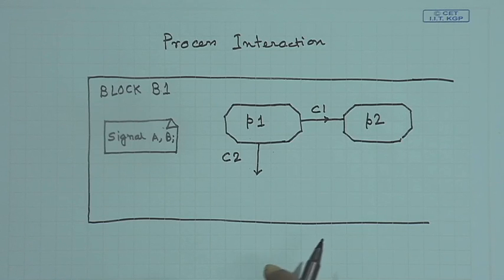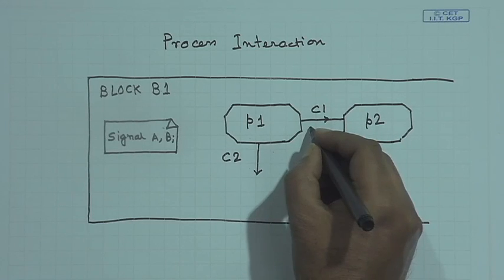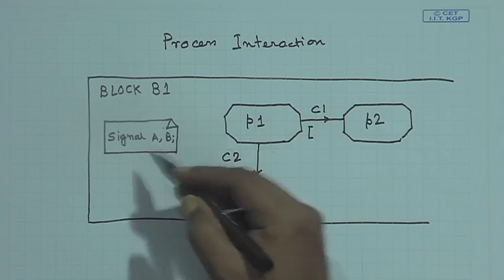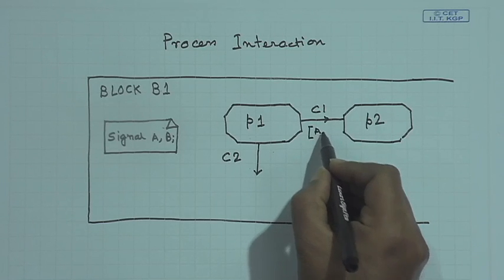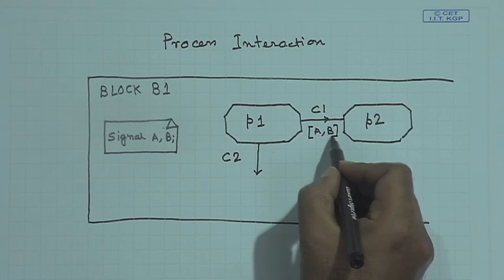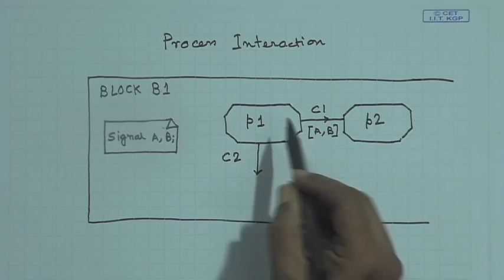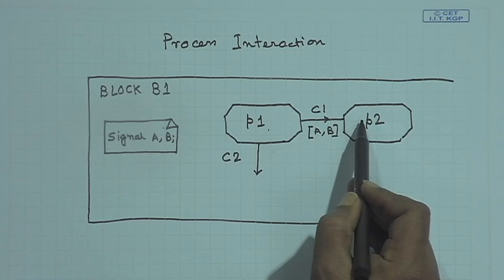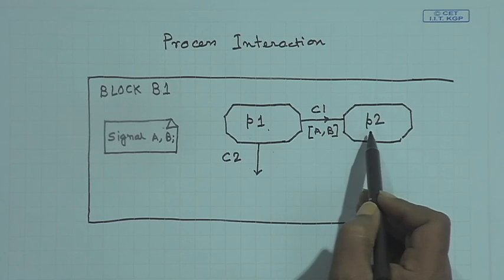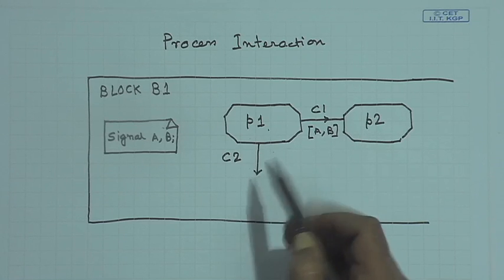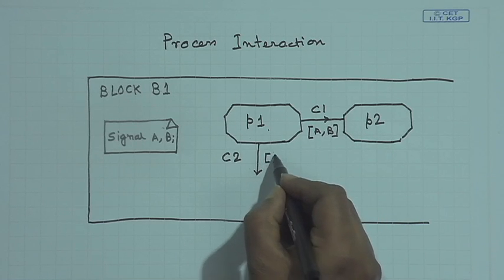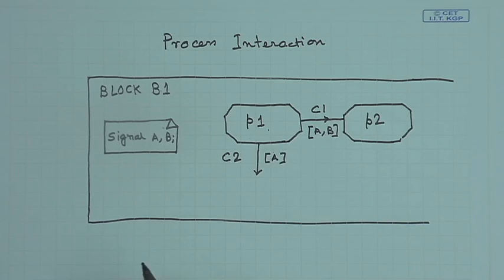Now, I can associate that both the signals A and B can be propagated through channel 1. So, P1 can send through channel 1 A or B, and through this if I just denote that only A can be passed, then I declare it in this way.